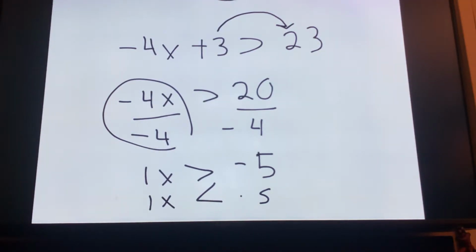Now, had it still been negative, you would have kept the sign and subtracted both sides. So you're taking what's called the reverse. And we did that by dividing negative 4 by negative 4 and getting a positive 1x. So it flips our sign. If it had been negative, negative, the sign would have stayed the same. But since it was a negative and a positive, we flipped it.